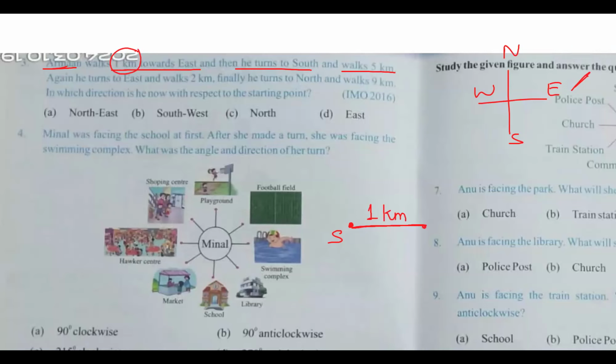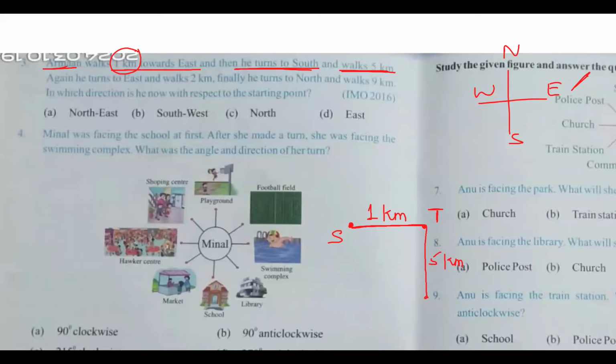Then next instruction that is given, that he turns to south and walks 5 kilometers. Now from this point, let us name this point as T. Then from this point, he turns to south and walks for 5 kilometers. So this much distance will be 5 kilometers towards south. From point T, he has moved towards south for 5 kilometers.